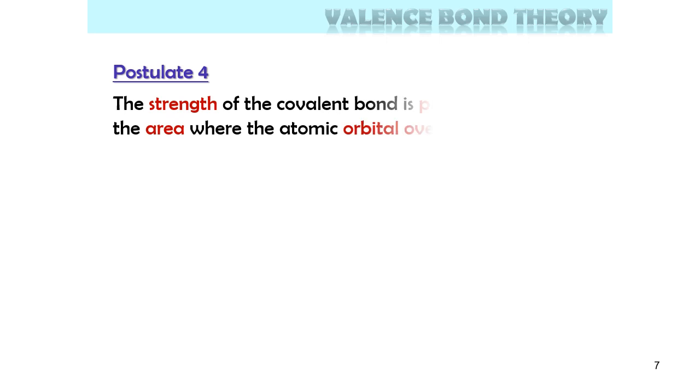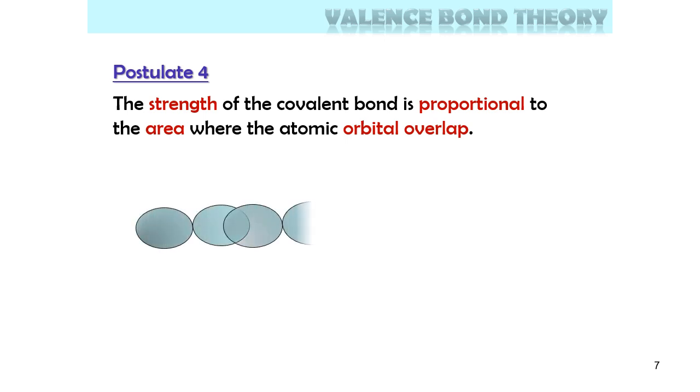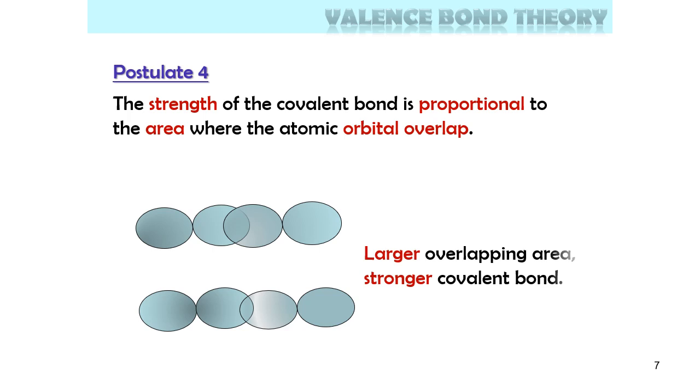Next postulate, the strength of covalent bond is proportional to the area where the atomic orbitals overlap. So if you have a larger overlapping area, the stronger the covalent bond. But in your syllabus, you just need to focus on postulates 1, 2, and 3. Mainly we will focus on postulates 1 and 2.